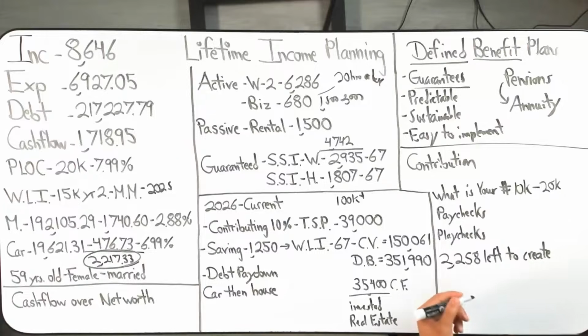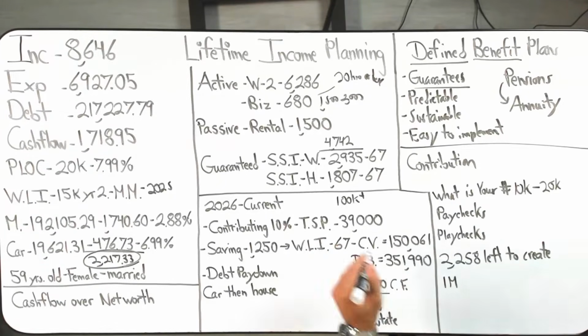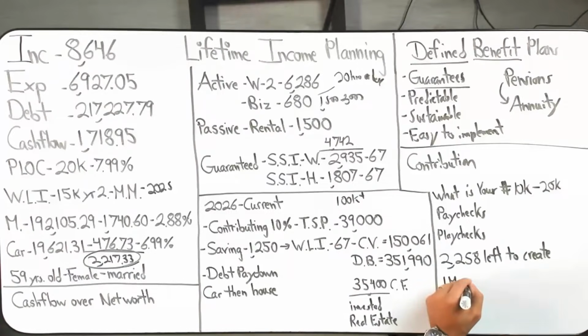right? Let's just play with numbers here. $1 million in a TSP, going off of the safe withdrawal rate, 4%, $1 million is only going to produce $40,000 a year distribution.